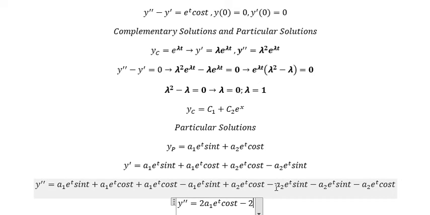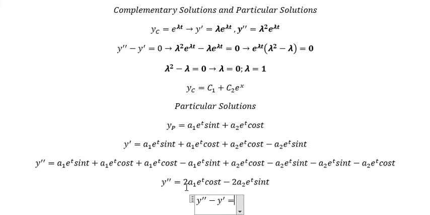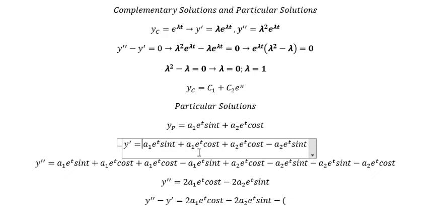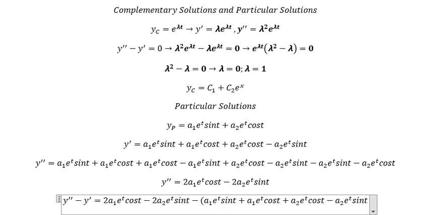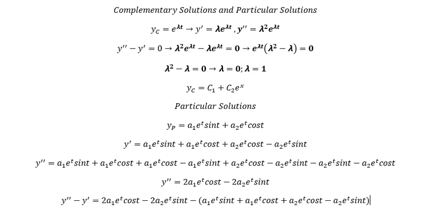I choose e to the power of t sine t. Now we go back to this equation. So we have this one. We minus first the derivative of this function. So we simplify.